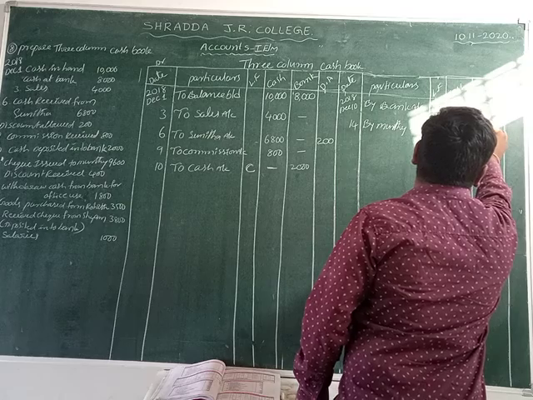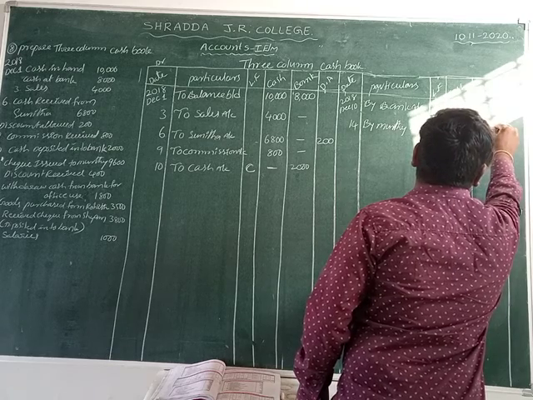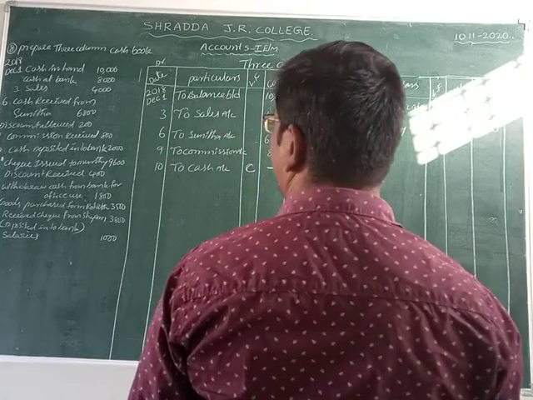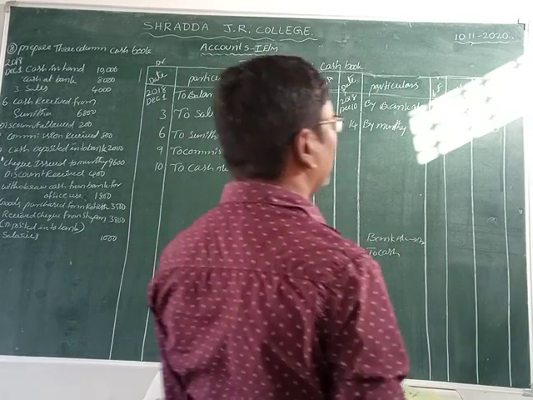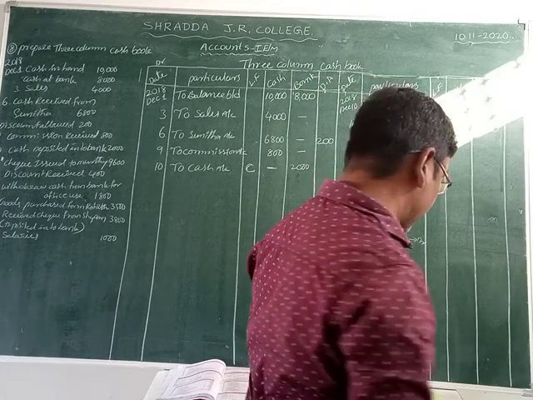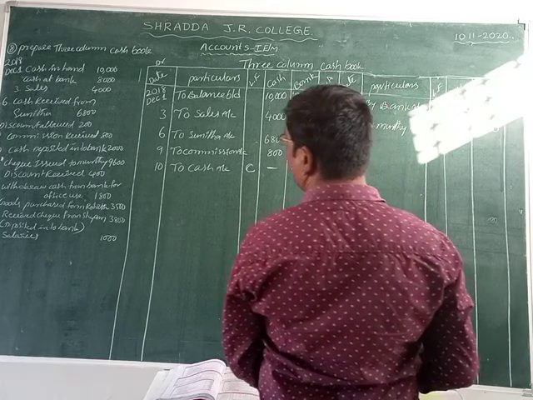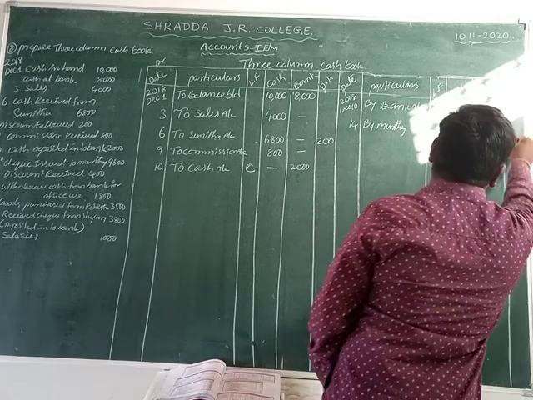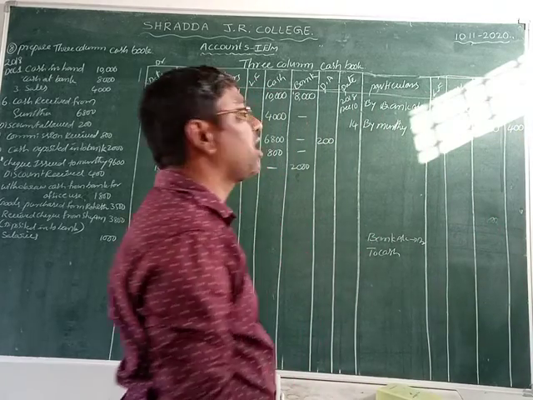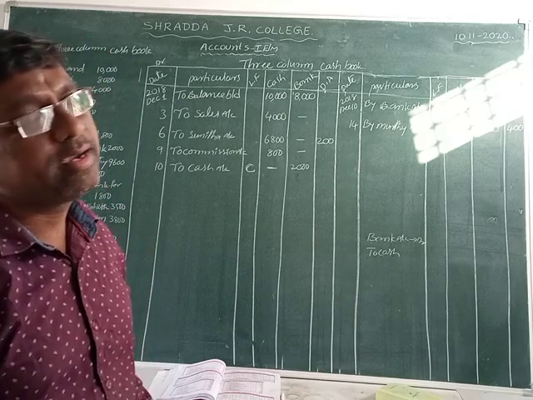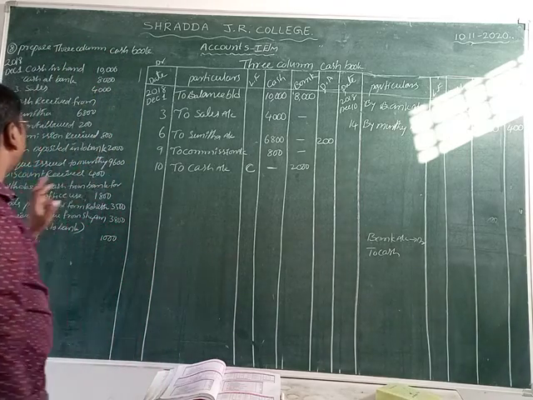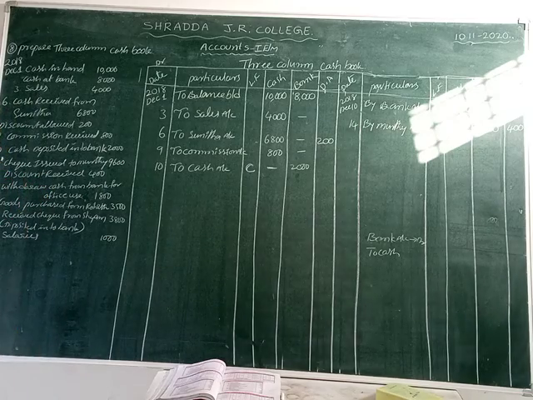Check given, that's why we record 9600 in the bank column. And another one given on the same date is discount received. Where is the discount received? It is on the credit side. That's why we record it in the discount received column. The discount received amount is 400 rupees, and that also we record on the credit side. Okay, this is the check issued to Murthy and discount received, friends.